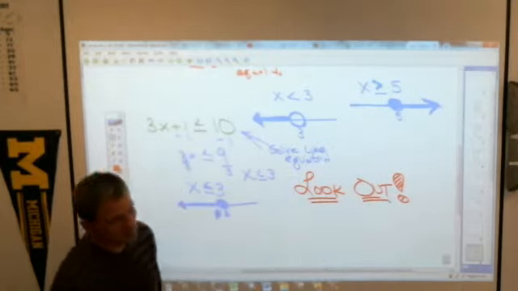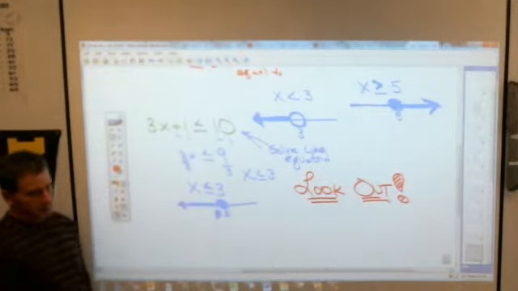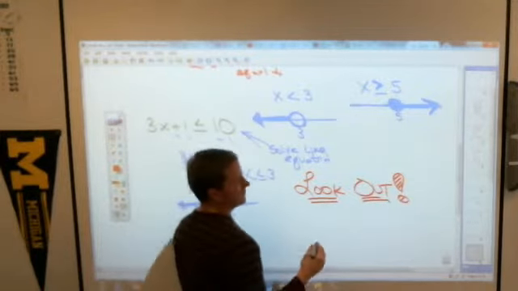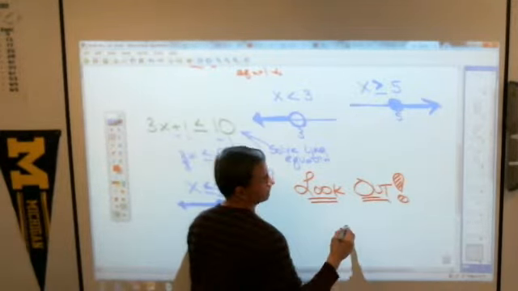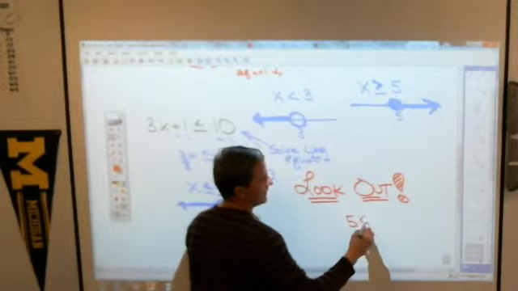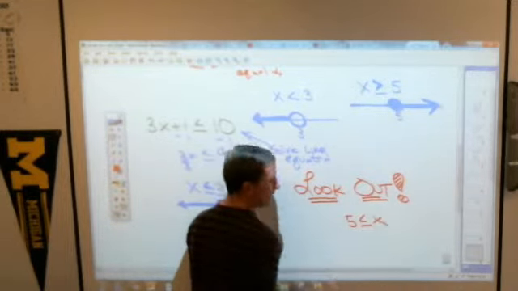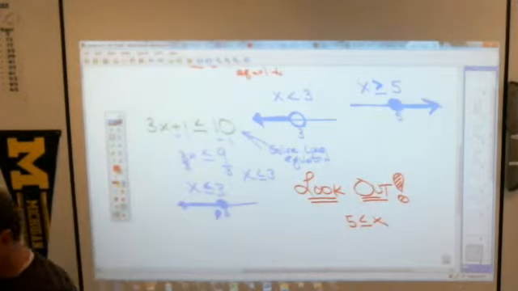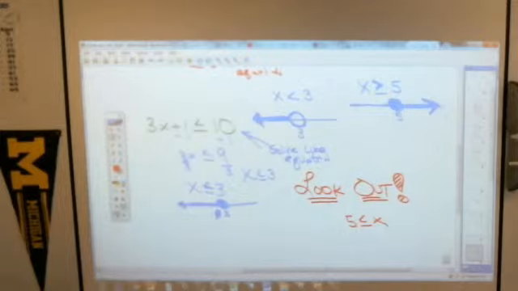When you deal with inequalities, if you see this, 5 is less than or equal to x, this will make you sad. Anybody know why? Madison, take a shot at why this makes you sad. Because it's the opposite way around.